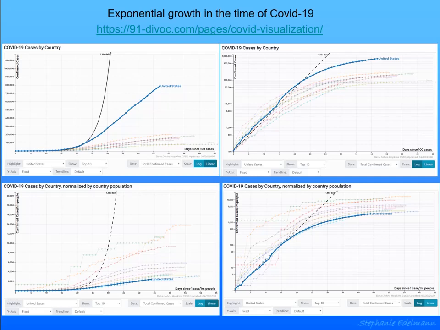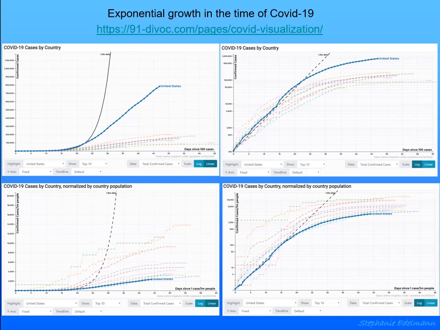So that's the look at the ones on the top, and I gave you the page where you can play with all the data, so if you wanted to look at what different things look like, and what you can highlight and all of that.